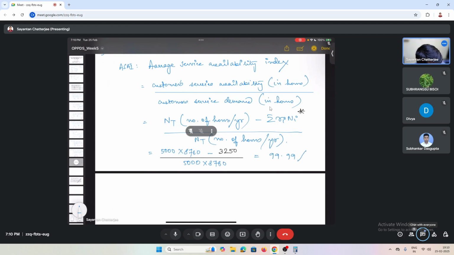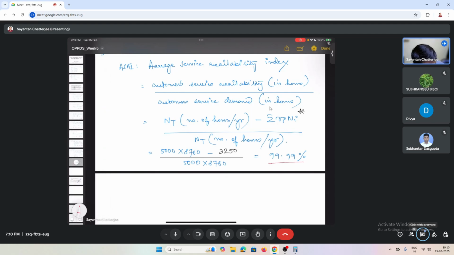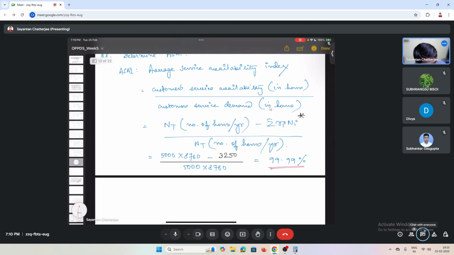So is it fine? This is the answer. This is the interruption, and this is the total. This means total on time minus off time, divided by total.